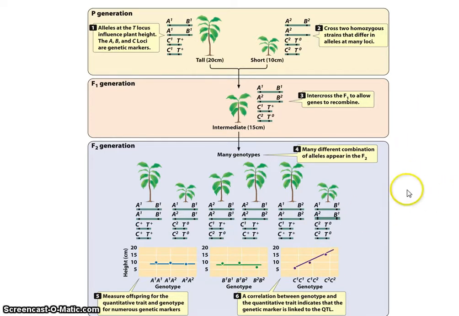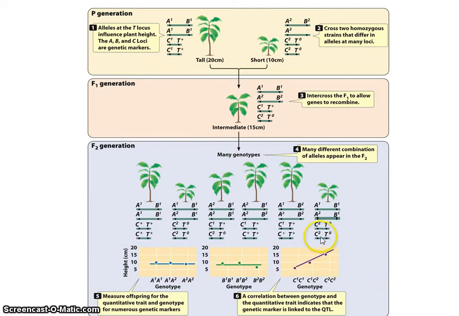Okay, so if we did this across thousands of loci across the genome, say there are 10 chromosomes that you can look at, you might get a significant relationship on chromosome 2 and on 4 and on 5, for example.